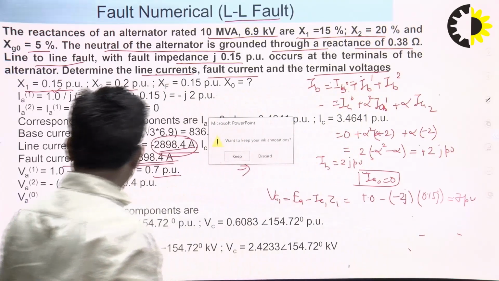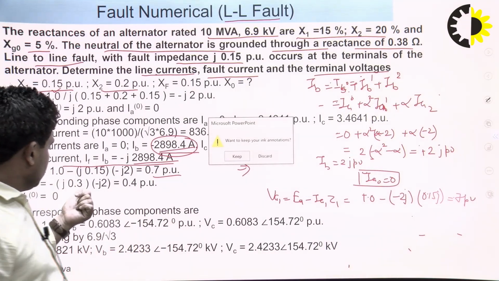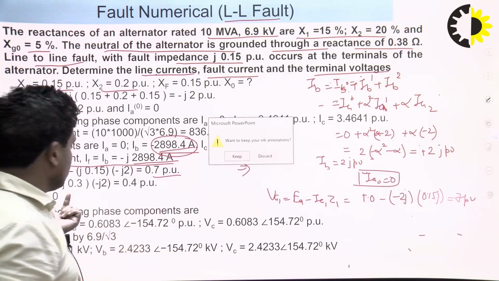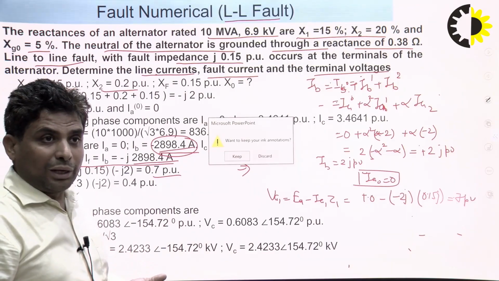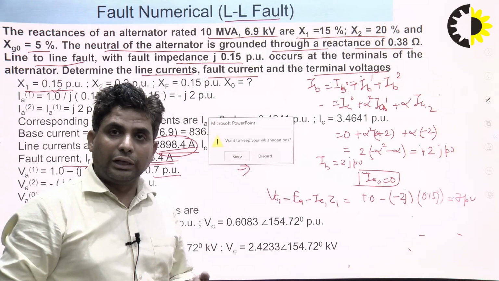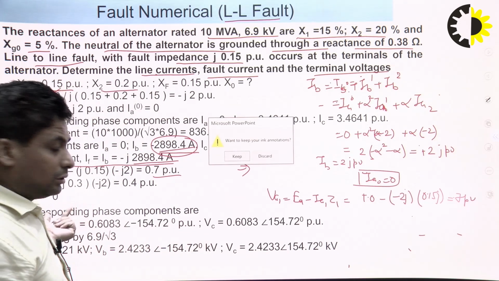So the equation now is VA2 is equal to minus IA2 Z2, where we put in the value of IA2 we have calculated. And VA naught is equal to 0 because it is minus IA naught and Z naught. The value of IA naught we had already derived, that value is 0. So the voltage across the zero sequence network is 0.